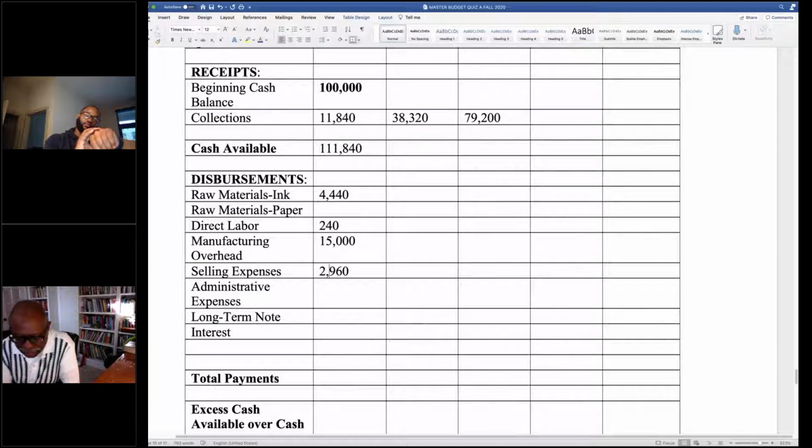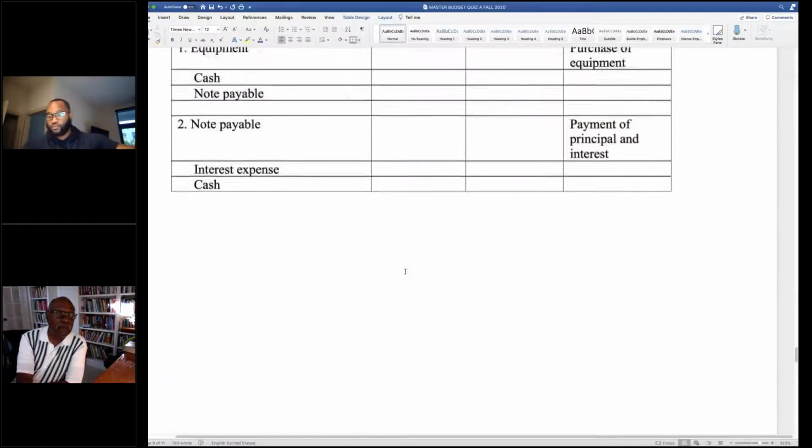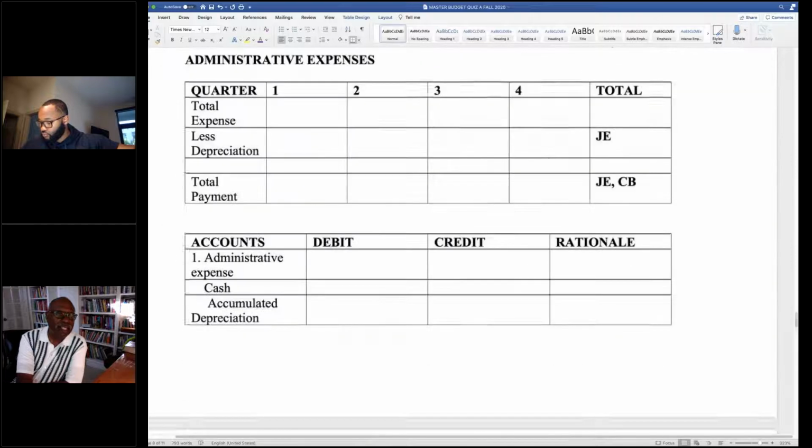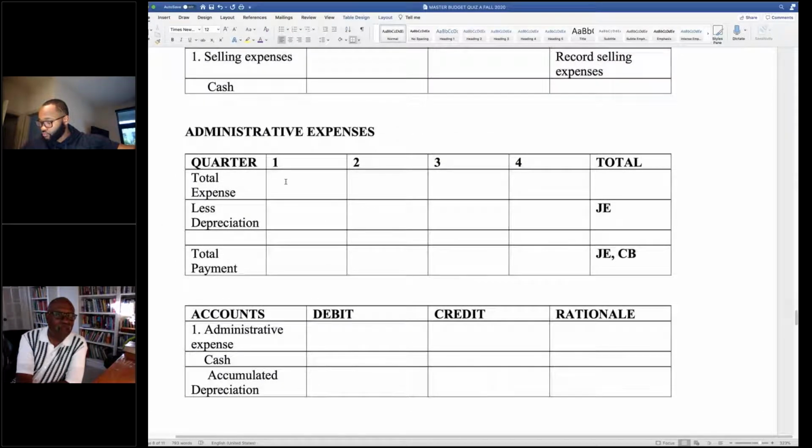And we got one number to go. Administrative expense. It's the total amount per quarter, 50,000. So put a 50 in there.